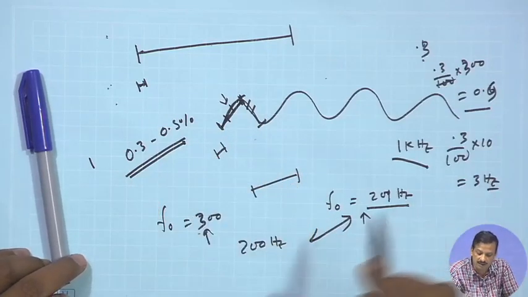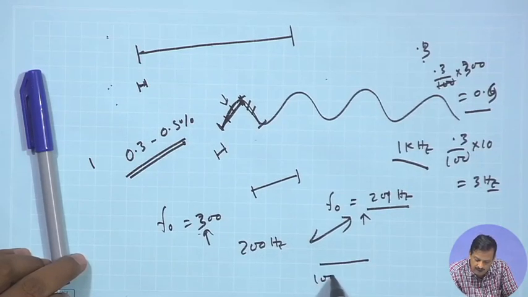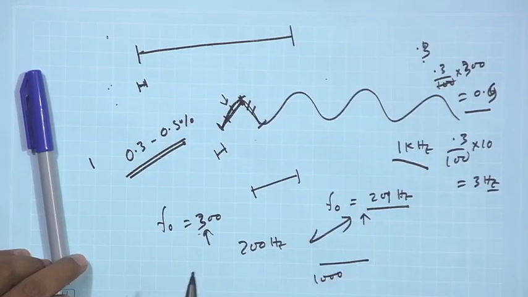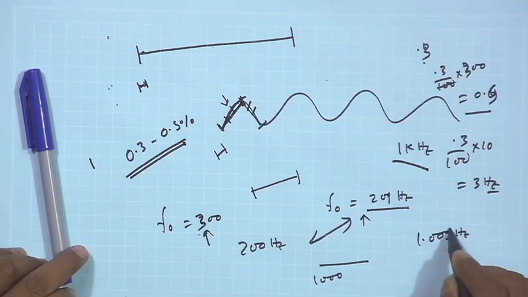Initially, for low frequency, my resolving power is very high, but at high frequency, resolving power is very low. That means at high frequency, I cannot separate the two, let us say 1 kilohertz and 1.003 kilohertz.